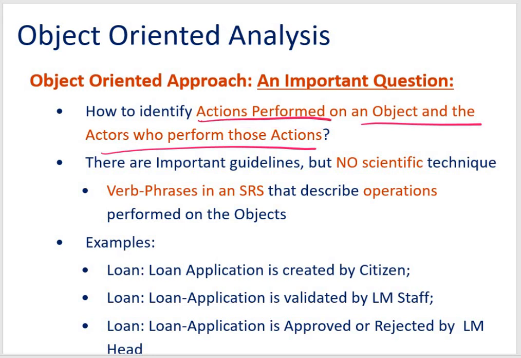Then the next question is how to identify the actions performed on an object and the actors who perform those actions. Means I am trying to identify the actions performed on the object and who all will be the participants or the actors who will be performing those actions.